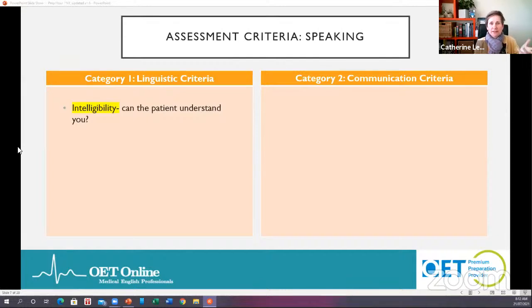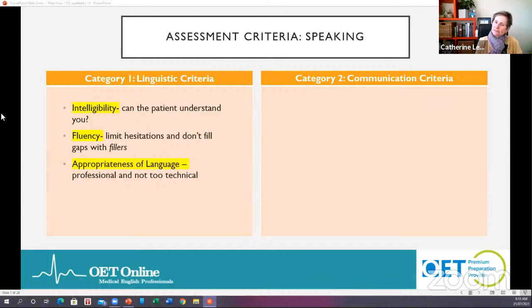Intelligibility, well, that's not your medical knowledge, right? Your fluency, that is certainly not an assessment of your medical knowledge. So how well you can speak English at a good pace, using minimal fillers, that's the ers and the sounds that we use when we're thinking.